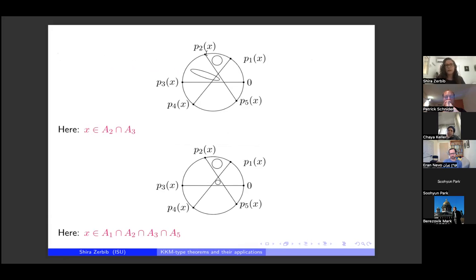So X will be in A2 because of this set, and in A3 because of this set, because it is in the third region corresponding to X. And in this picture here, I have a set here in the triangle in the middle. So X is in A1, A3, and A5 because of this set in the middle, and it is also in A2 because of the set here. Okay? Is this definition clear enough?